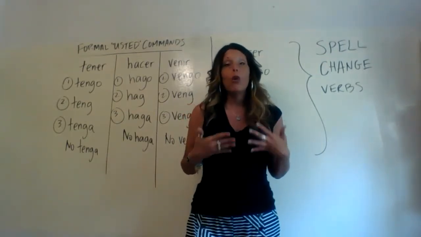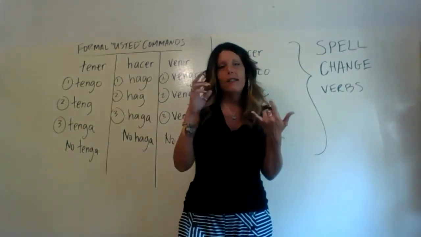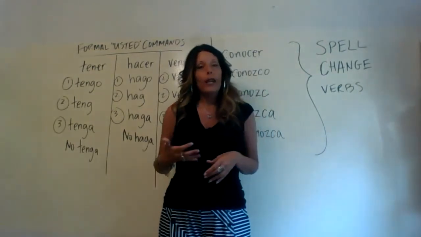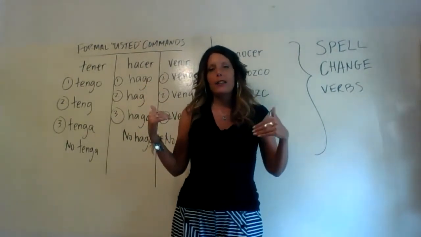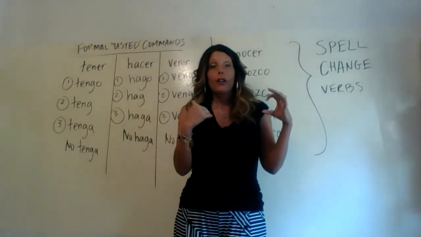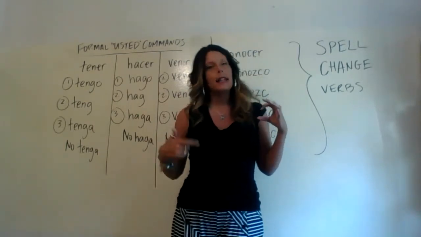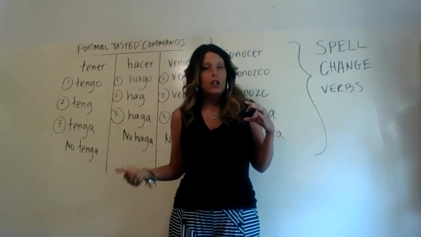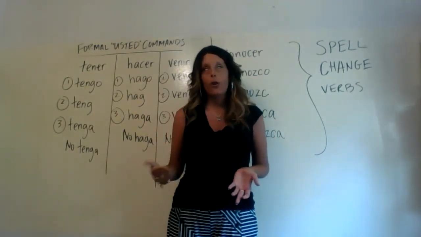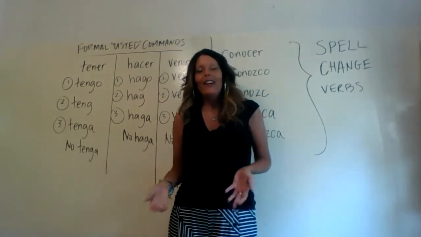So where it will be most important for us to remember the difference between these different categories of regular, stem change, spell change, car, gar, etc., will be whenever this stuff comes back to haunt us and becomes the basis of tú informal commands and this thing that I mentioned before called the subjunctive. So right now, don't worry about tú informal commands or the subjunctive, that is coming up later.